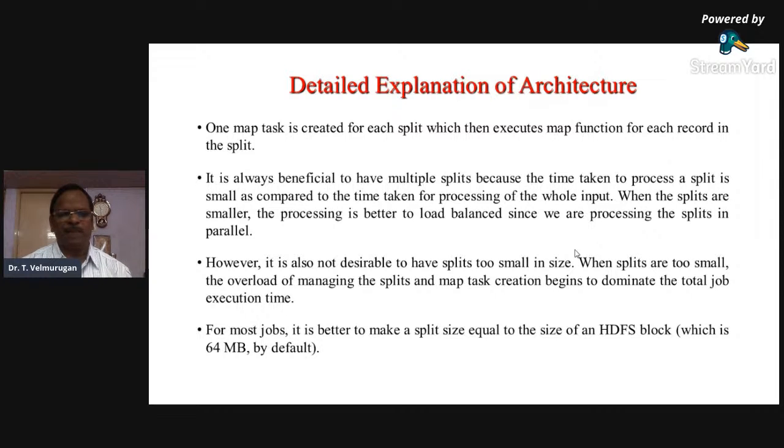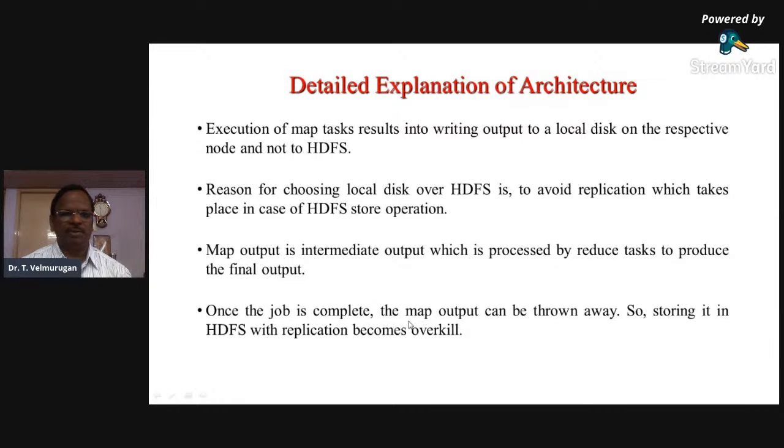Smaller splits are easy to process. For most jobs, it is better to make the split size equal to the size of the HDFS block, whether it is 64 MB, 32 MB or 128 MB. Based on the HDFS block, the architecture is carried out.